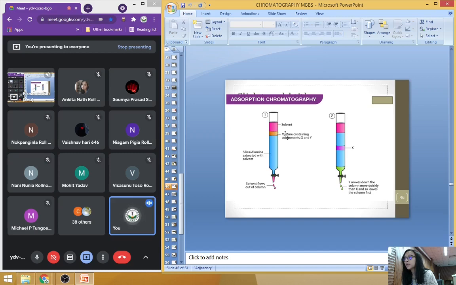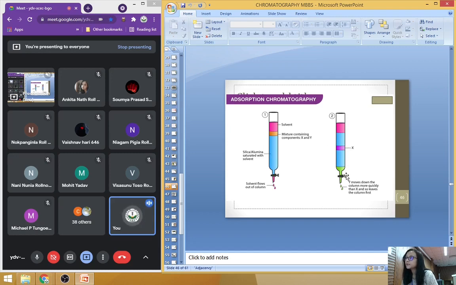We have applied the mixture containing X and Y components. Then we have applied the mobile phase. Now this mobile phase will flow down and carry the mixture through the stationary phase. And while this mixture is passing down through the stationary phase, the molecules will be separated.